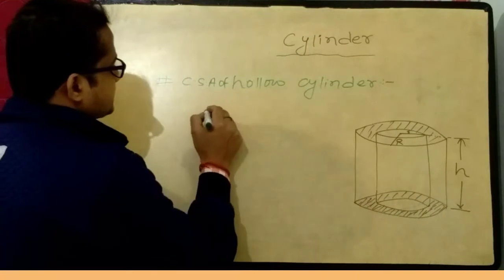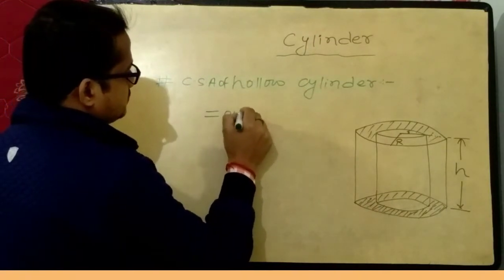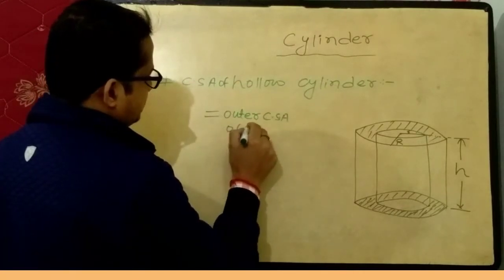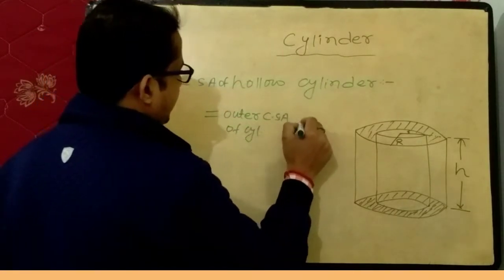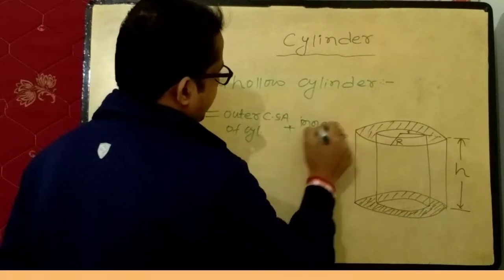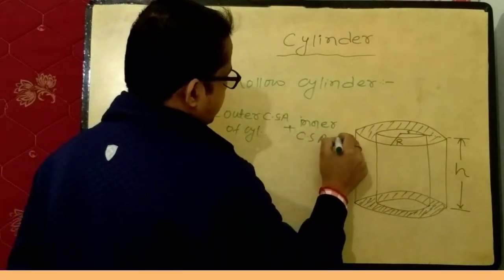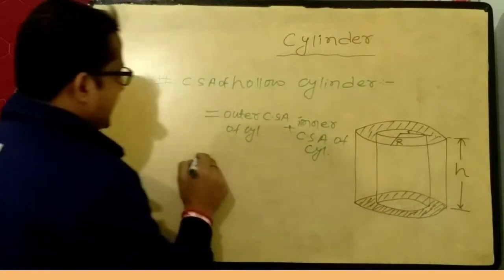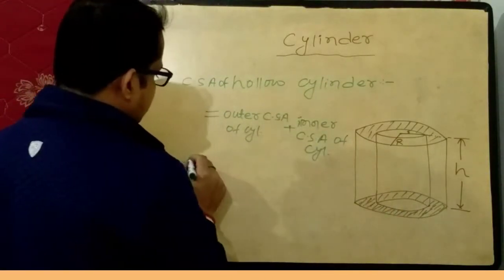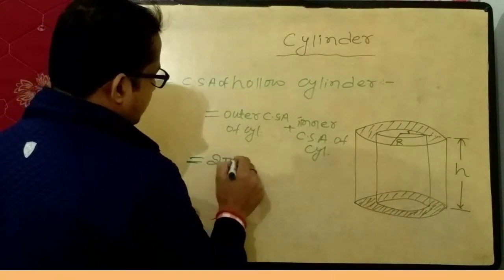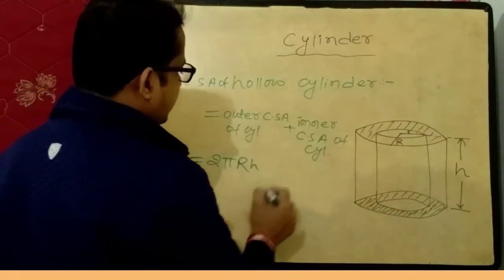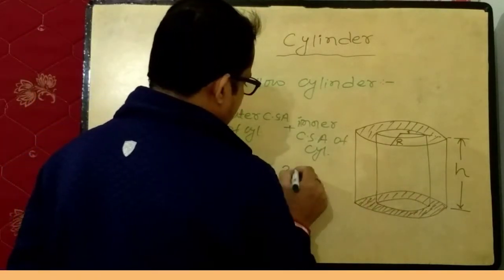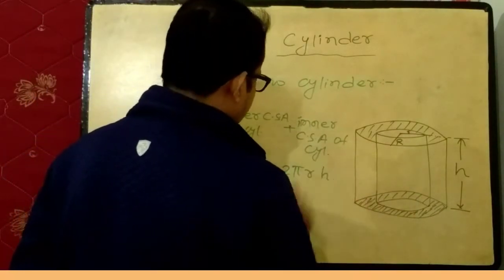So, CSA of hollow cylinder equals outer CSA of cylinder add up inner CSA of cylinder. Outer CSA of cylinder is 2 pi capital R into h, add up inner CSA of cylinder, which is 2 pi small r into h.